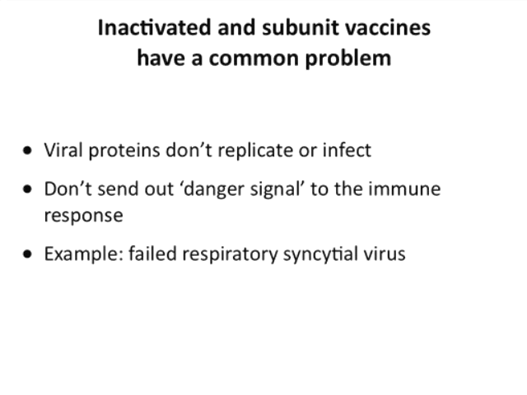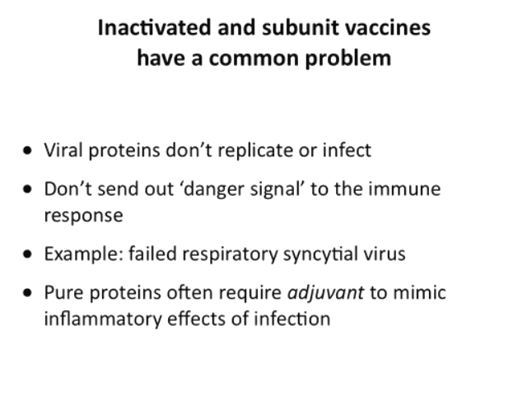And here's a good example. Respiratory syncytial virus is a very serious pathogen, respiratory pathogen of young kids. And in the 60s, a vaccine was developed, which was a formalin inactivated vaccine, and it was tested in young children. But this failed, and it failed because it didn't induce a really good antibody response.